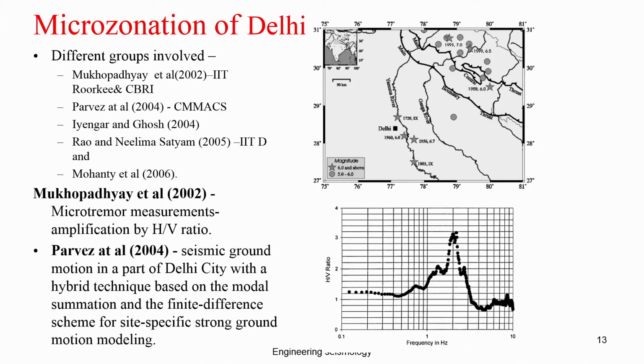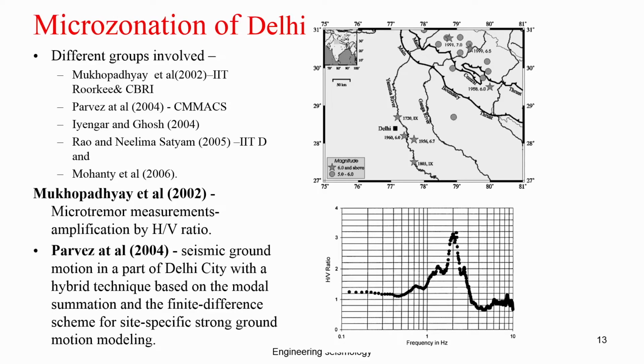Okay. The next work carried out was the seismic microzonation of Delhi. Delhi was carried out by different people, a group of scientists working in different places according to their availability and interest. These were Mukhopadhyay, IIT Roorkee, CBRI, then Parvez et al., CMAX, Iyengar and Ghosh, IISc, Rao and Nilima, IIT Delhi, Mohanty.